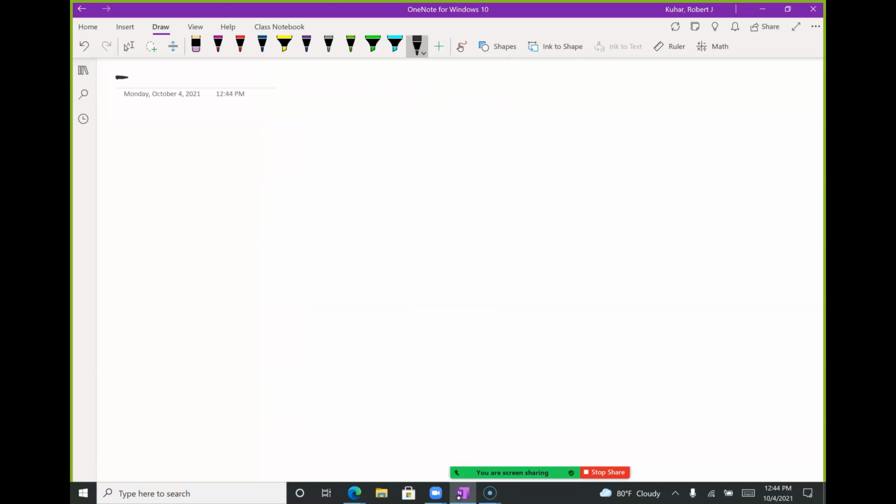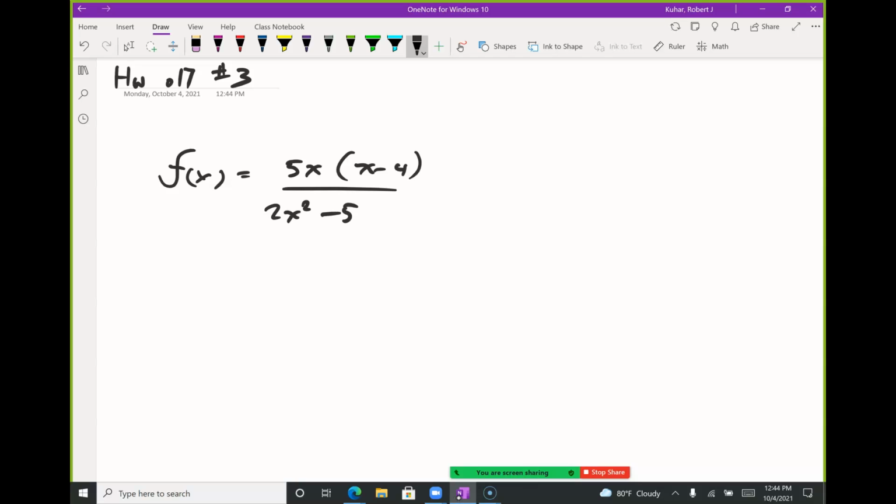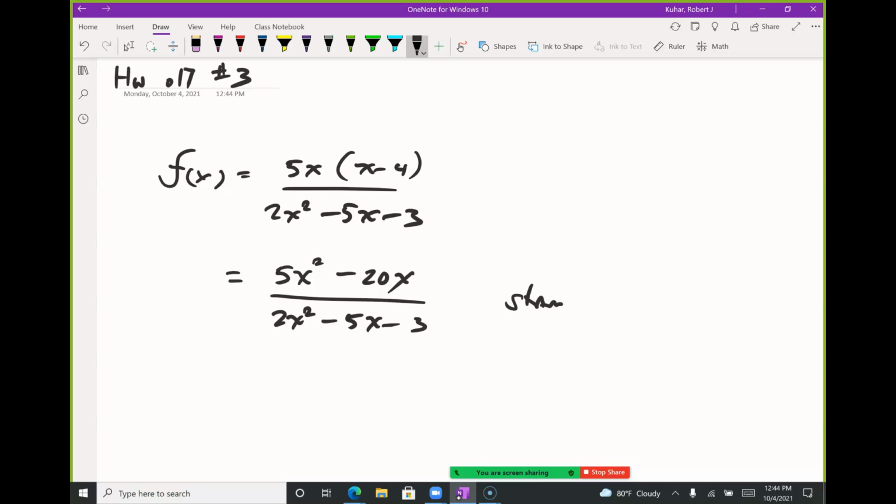And I have the function 5x times x minus 4 over 2x squared minus 5x minus 3 downstairs. This is neither factored nor standard form. So I want both. So I'll get the standard form pretty quick, right? What do I get? 5x squared minus 20x all over 2x squared minus 5x minus 3. There's my standard form.